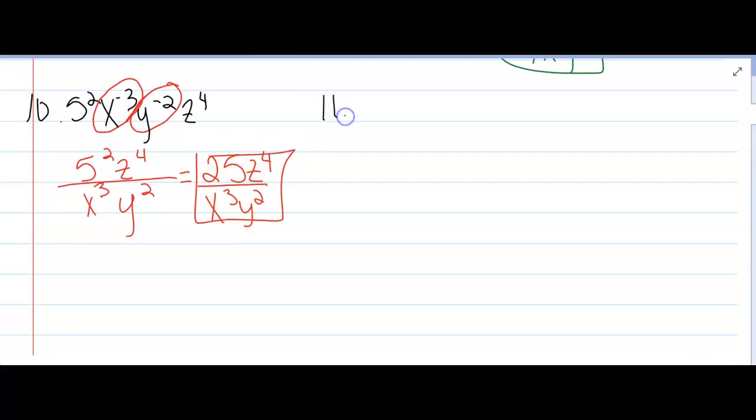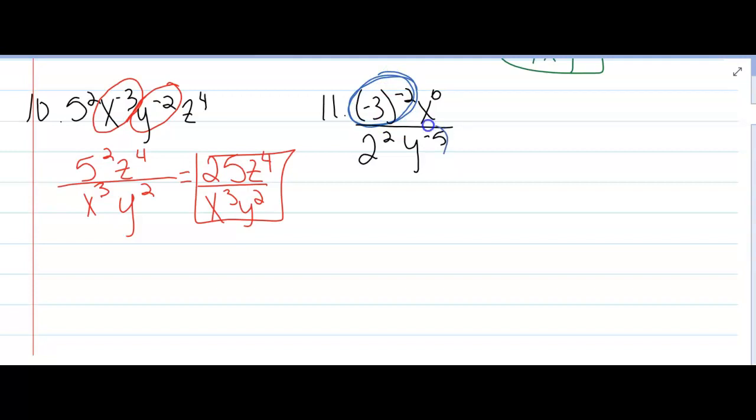Okay, number 11. Number 11 in parentheses, negative 3 to the negative second, x to the 0 over 2 squared y to the negative fifth. All right, so remember, we're looking for negative exponents. So I see this negative 2 right here. Now, since there's parentheses, it means that the negative, since it's inside the parentheses, is included.